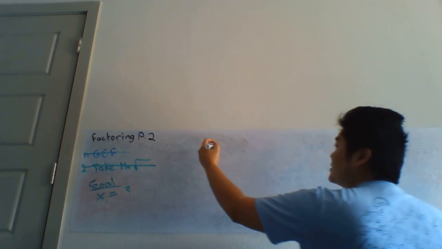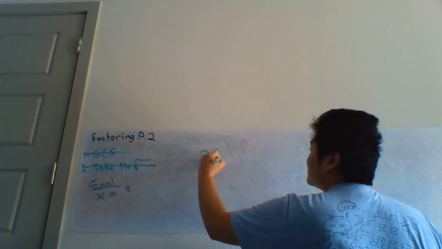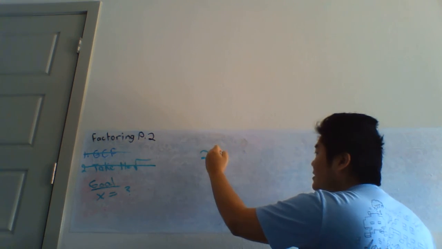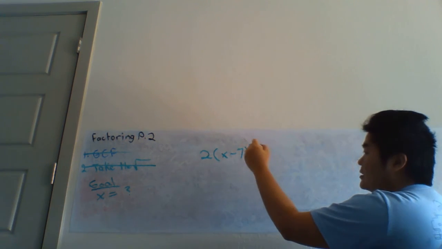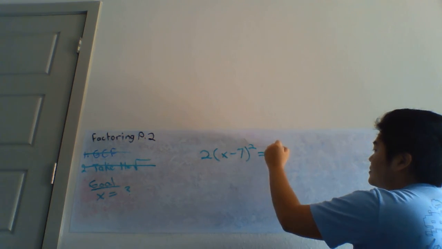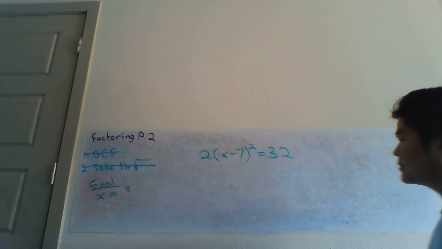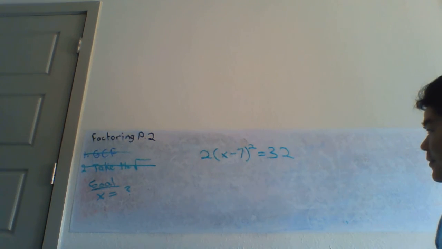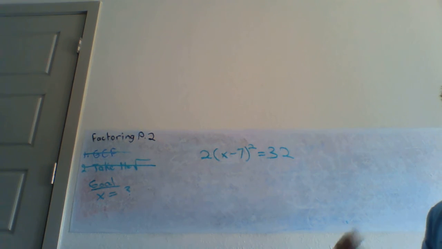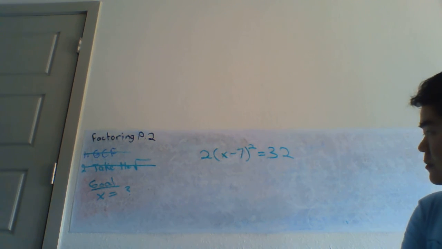So I've got this. What are the solutions of 2 times (x minus 7) squared equal to 32? So here's how we start this one.